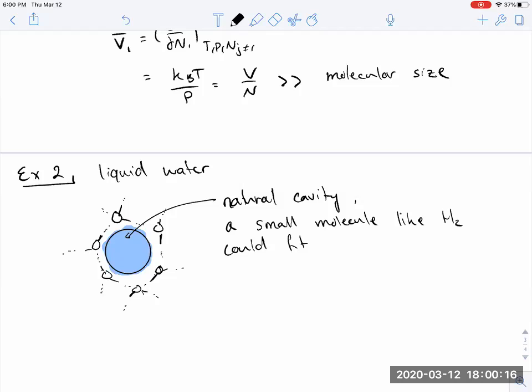If there's a little hole in the liquid that a solute could occupy, if I put that solute in, would the volume change? No, the volume wouldn't change. Water just hydrogen bonds around it. So that would mean that the partial molar volume associated with adding H2 to liquid water would be really close to 0.